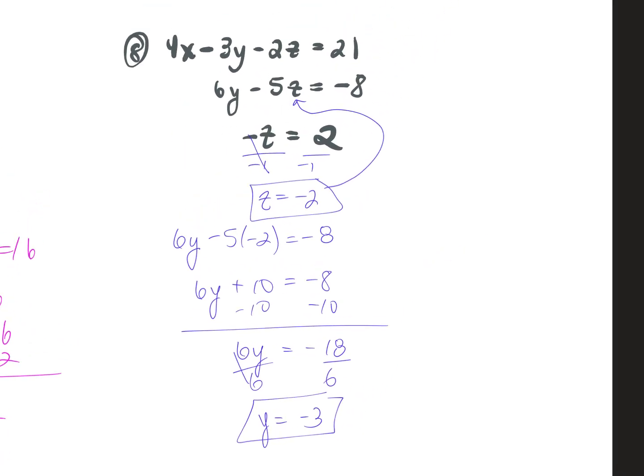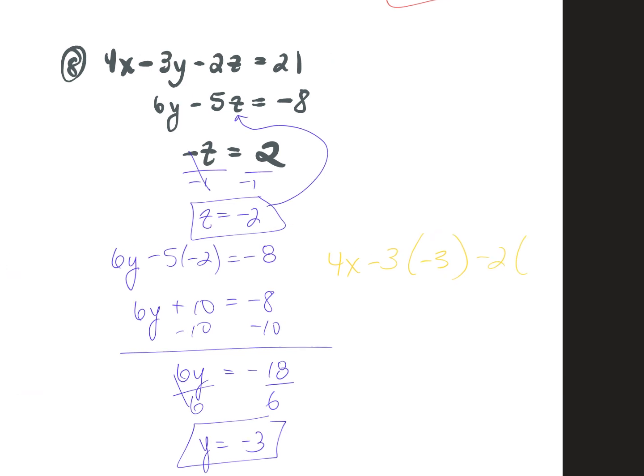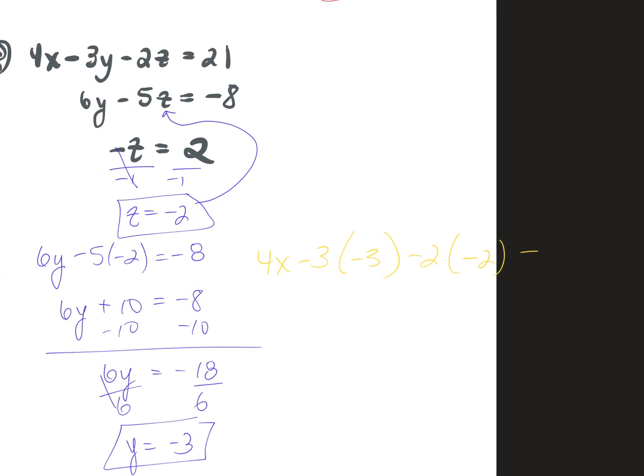Last thing I need to do is find out what x equals. So I have my 4x minus 3. What was my y value? Negative 3. Minus 2 times, what was my z value? Negative 2. Does that all equal 21? So 4x, negative 3 times negative 3 is plus 9, negative 2 times negative 2 is plus 4 equals 21.